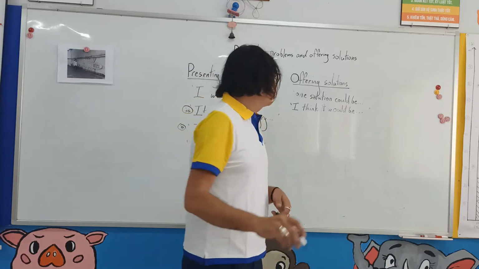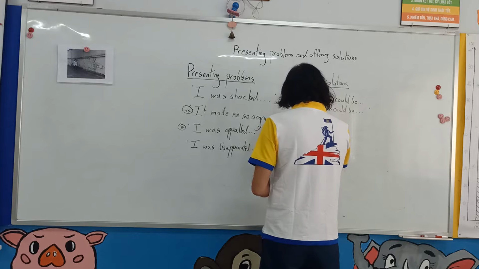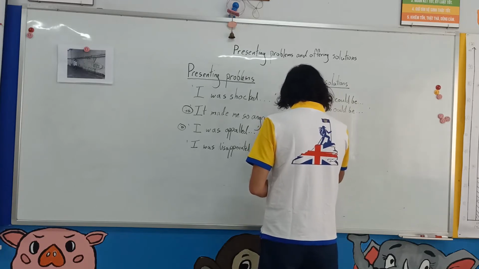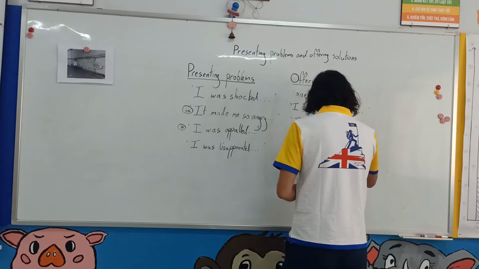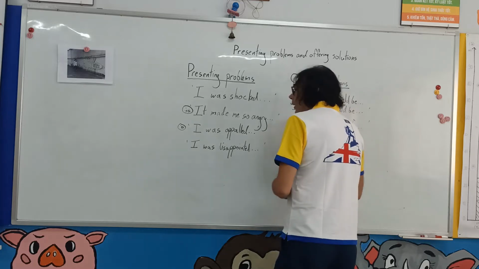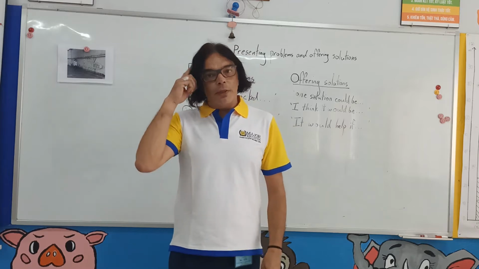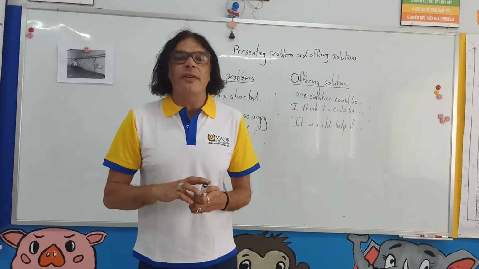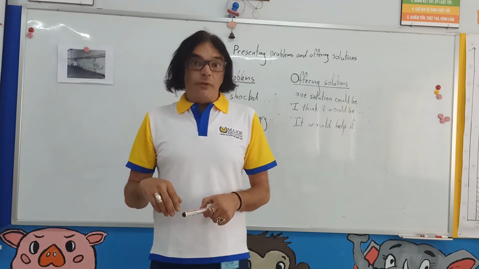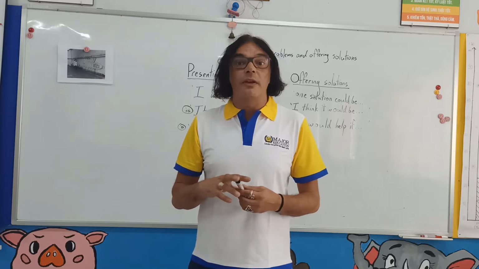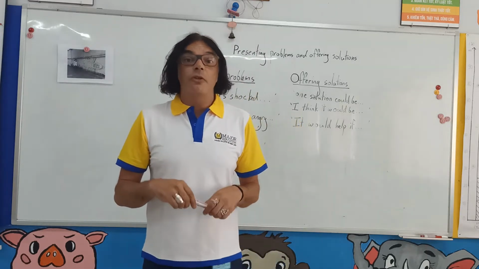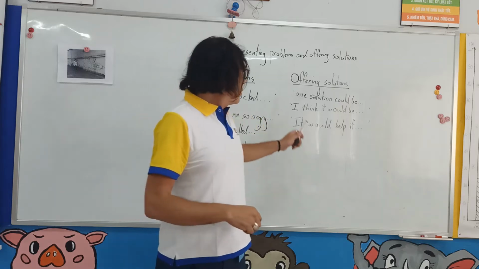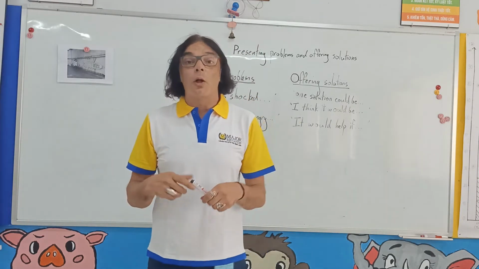Let's do one more. What about this? Instead of I think, it would help if we had more CCTV cameras around the city to discourage young people from graffitiing city blocks. So the three things here are similar, but with different words and a different emphasis. This one here, I think. This one here, it would help.